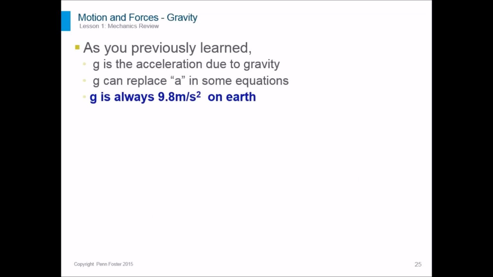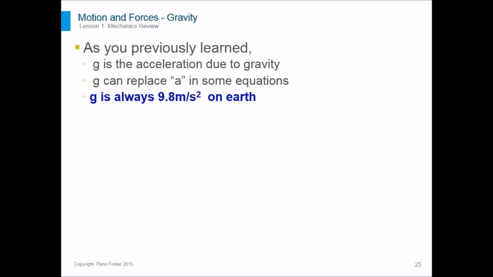Okay, let's talk about gravity and calculations with gravity. As you learned back in lesson 1, assignment 1, when we talked about falling bodies, gravity causes everything to accelerate, and it's always at the same rate, which on Earth is 9.8 meters per second squared.